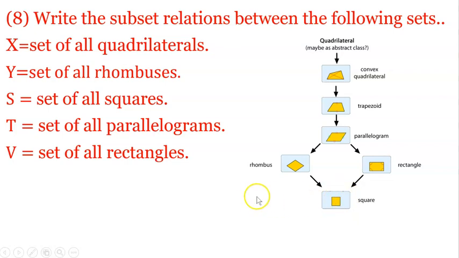Okay, now first, quadrilateral is denoted by X here.